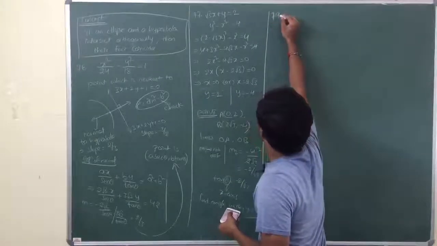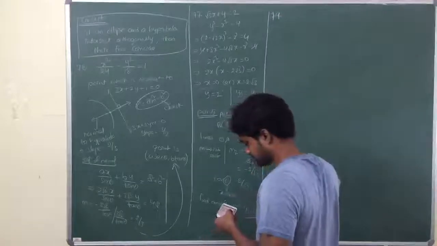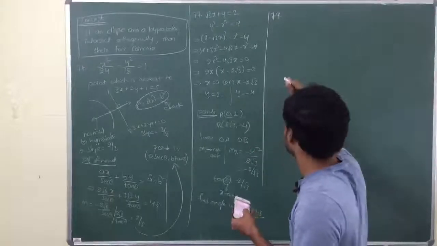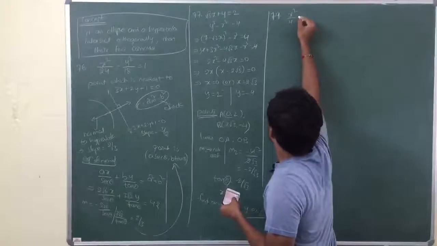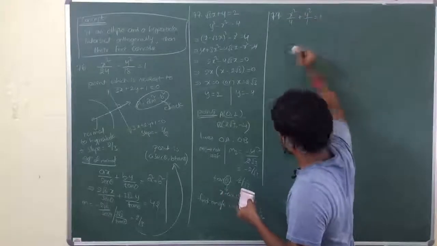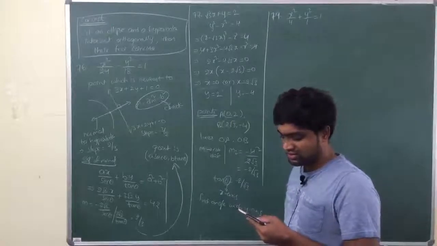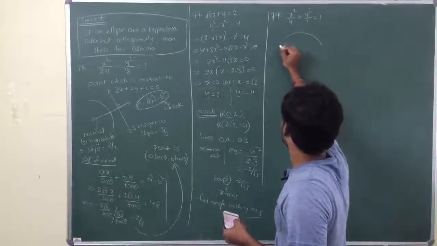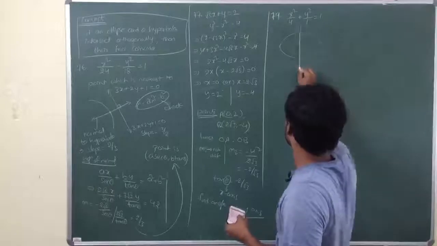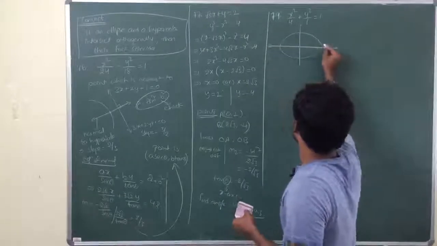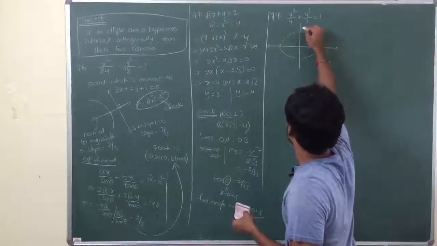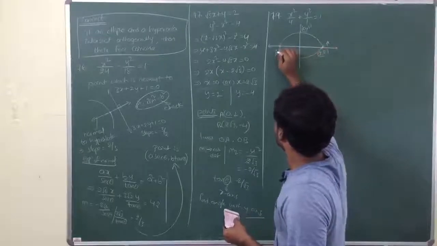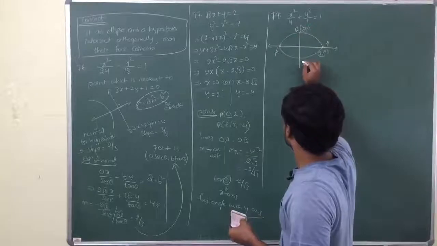79. Okay. An equilateral triangle is inscribed in the ellipse whose equation is x square by 4 plus y square by 1 is equal to 1. If one vertex of the triangle is 0, 1, observe this. Okay, this is an ellipse question, right? This is 2, 0, this is 0 comma 1, a dash, b dash.